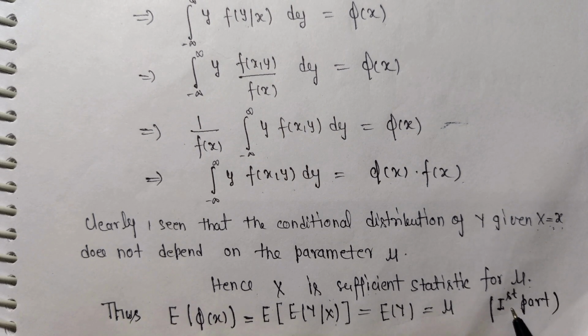This is the first part of the statement of the Rao-Blackwell theorem. Now the second part is that the variance of phi(X) is less than or equal to the variance of Y. Then we will proceed to the second part of the Rao-Blackwell theorem.